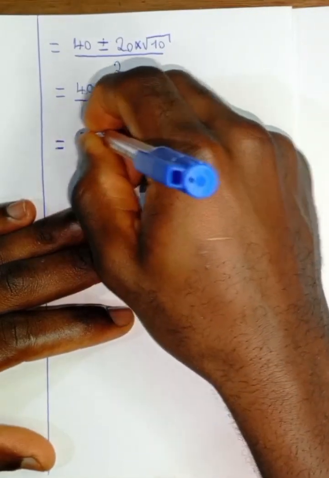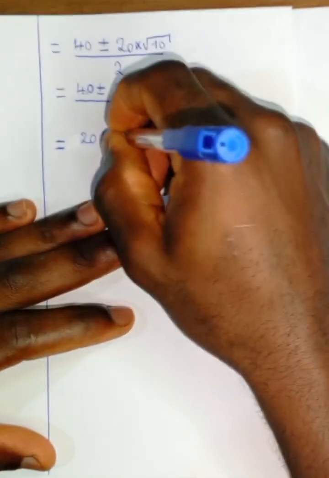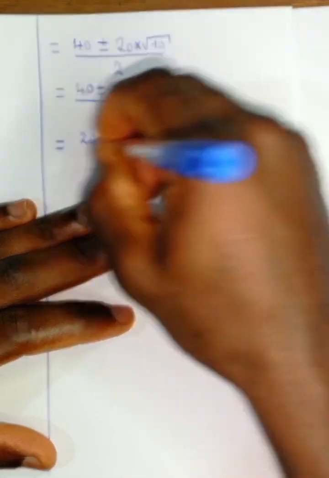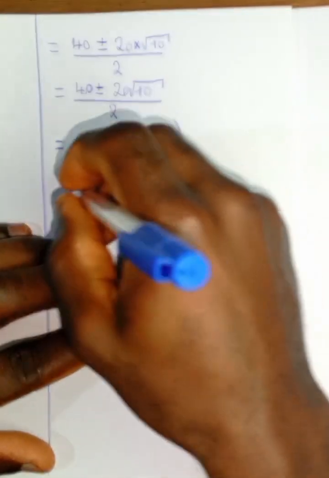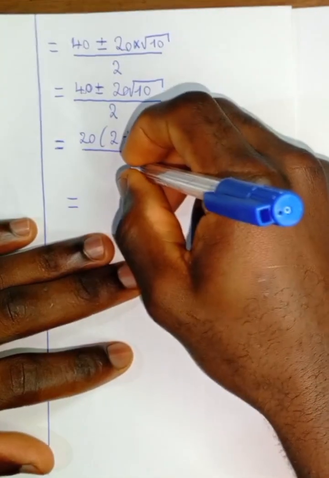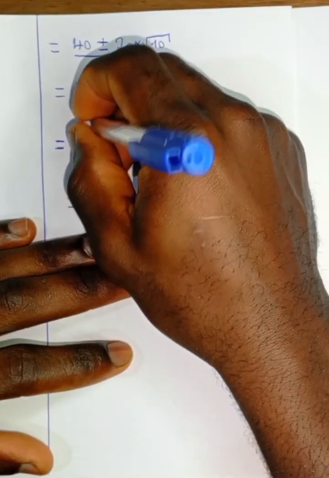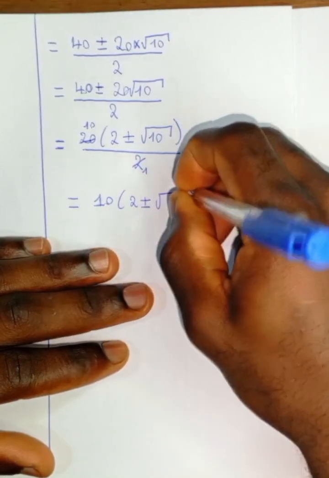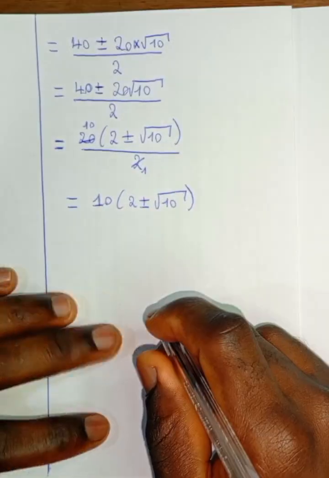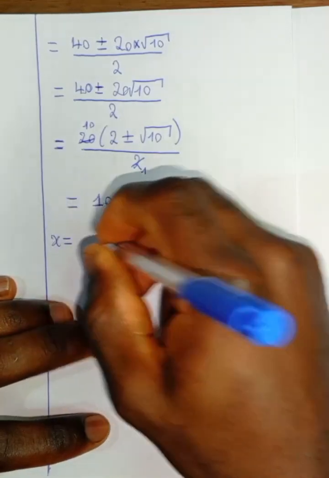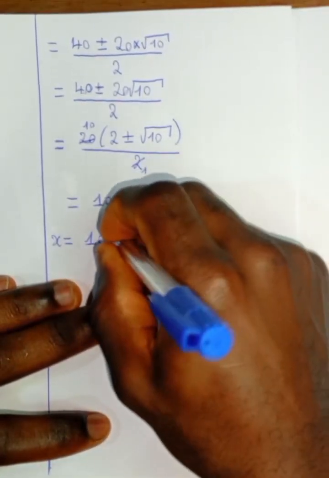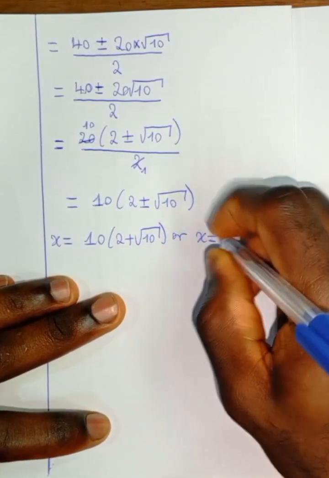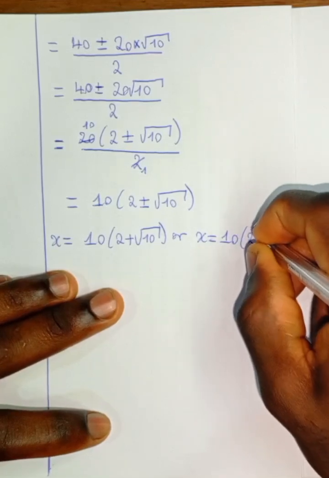This will give us 20 times 2 gives us 40 plus or minus 20 times root 10 gives us 20 root 10. Then we divide by 2. And this will simply be equal to, 2 will go into 20 10 times. So this will give us 10 times 2 plus or minus root 10. It therefore means x will be equal to 10 times 2 plus root 10, or x will be equal to 10 times 2 minus root 10.